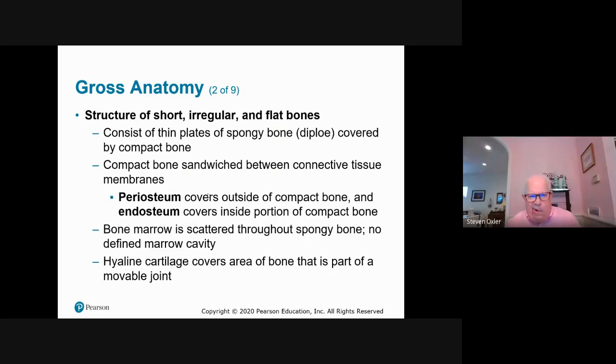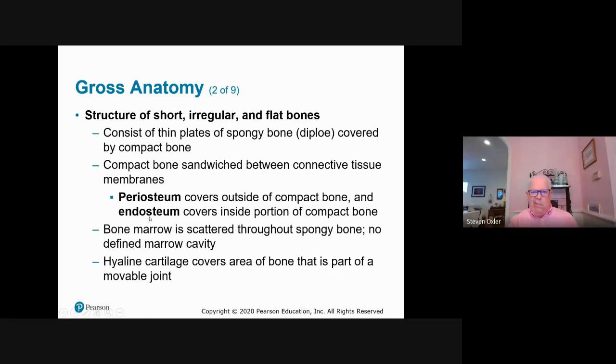You got to know a few words, and these are the words that I want you to remember. I want you to remember periosteum. Periosteum is the connective tissue membrane that covers the outside of compact bone. The endosteum is the connective tissue membrane that covers the inside of compact bone. All right?